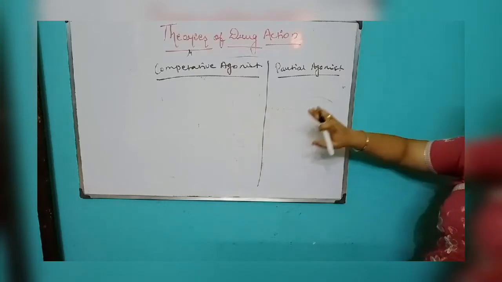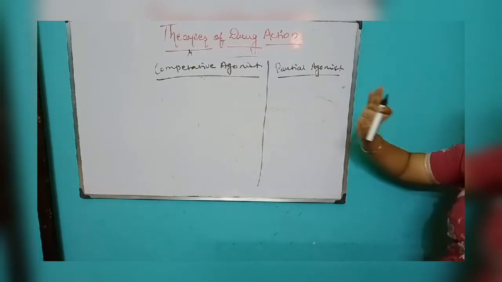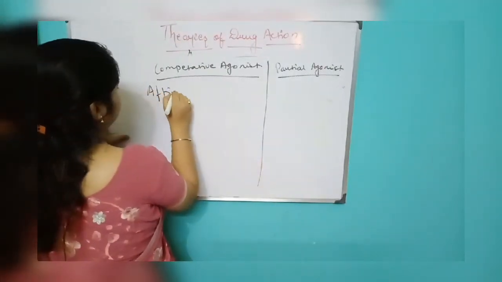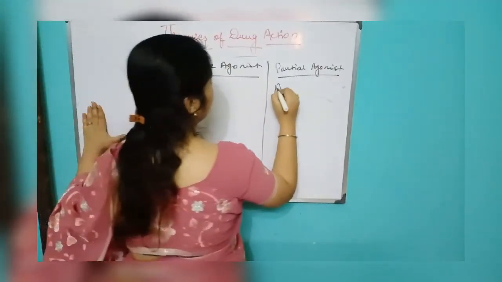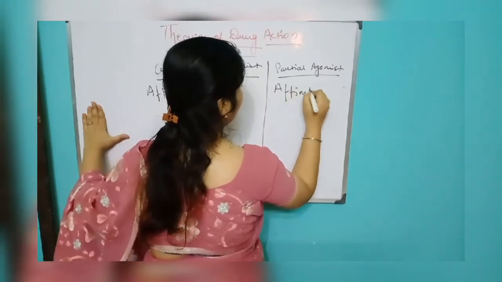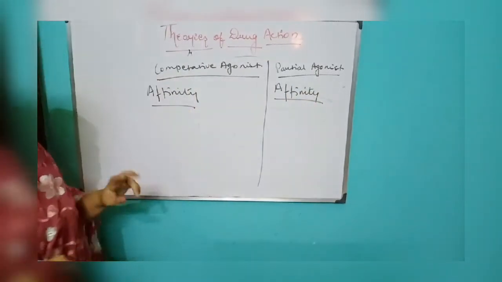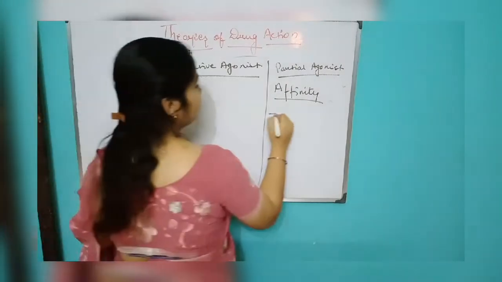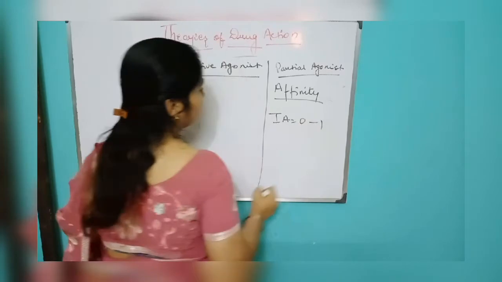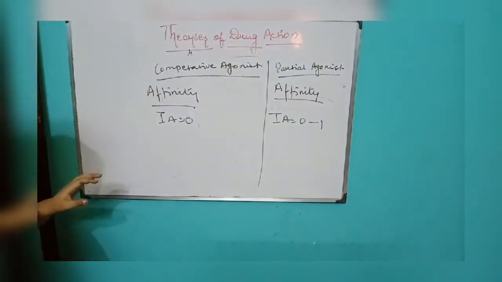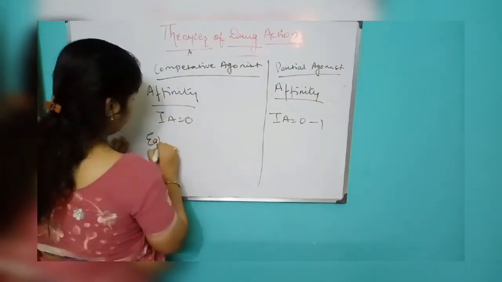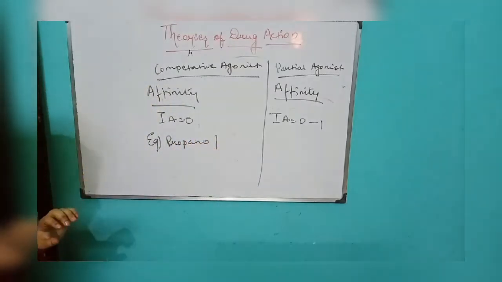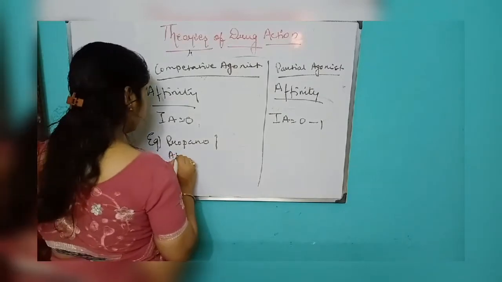So what is the competitive one and what is the partial agonist? Competitive has affinity, and here also comes affinity. Then second, here the intrinsic activity is 0, but here the intrinsic activity is 0 to 1. Examples here are propranolol and atropine.